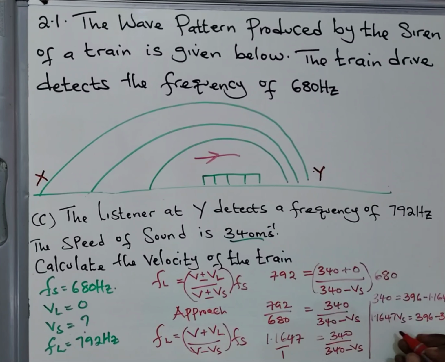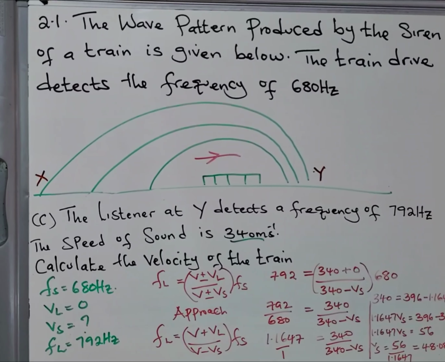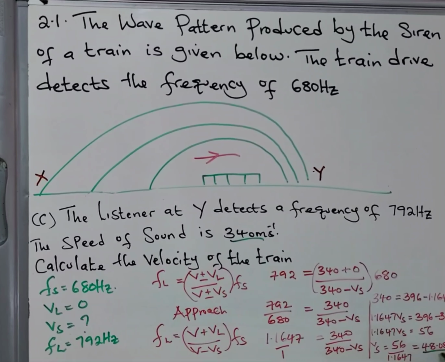And what do you get here? 1.1647 Vs, giving you 56. So that is it. We have our answer as 48.08 meters per second. That is the velocity at which the train is moving.